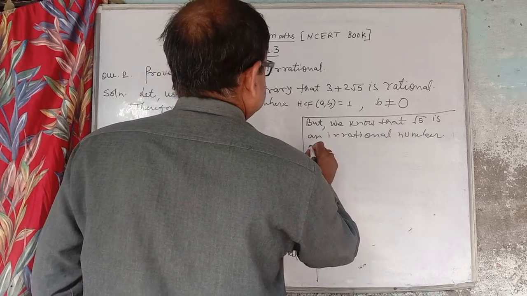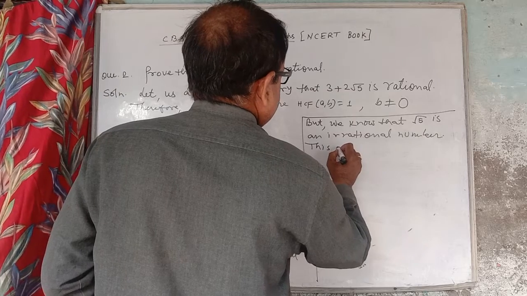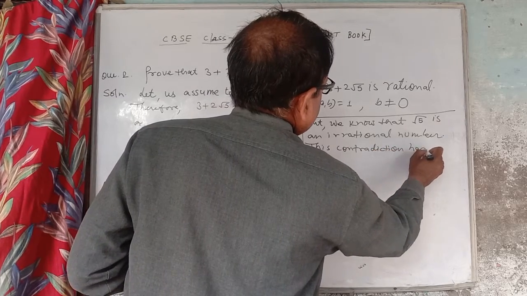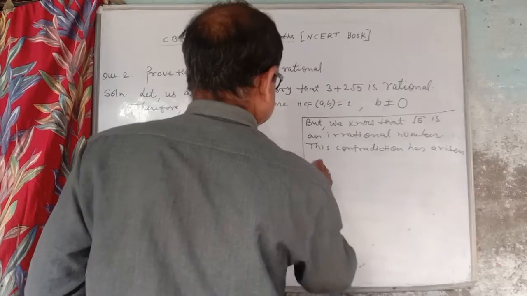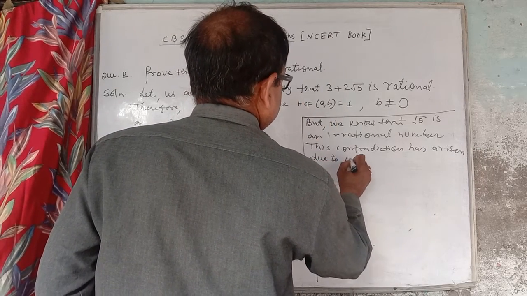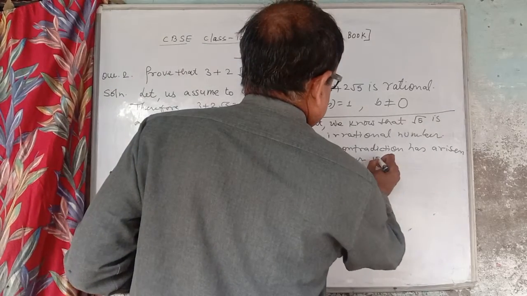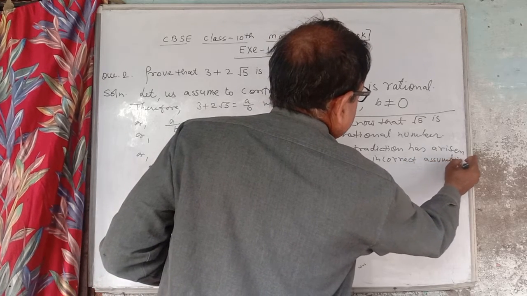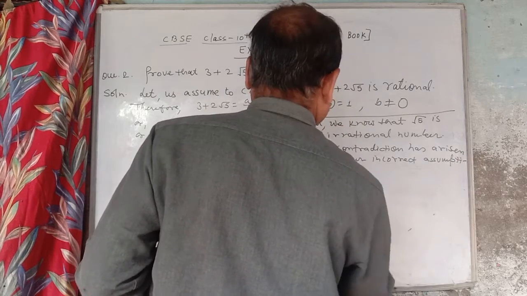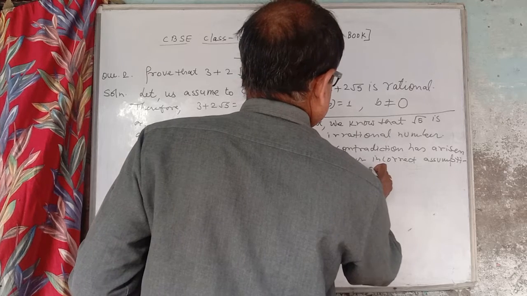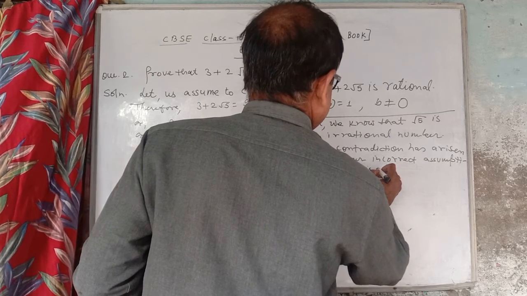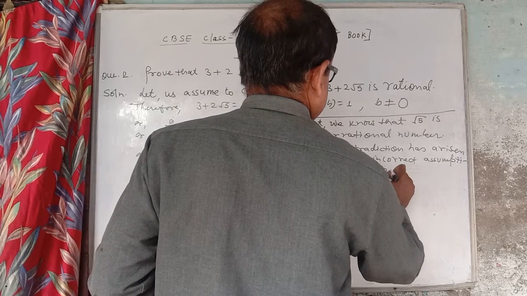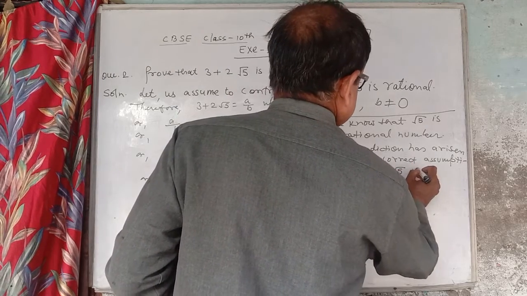This contradiction has a reason due to our incorrect assumption, that is, that 3 plus 2 root 5 is rational.